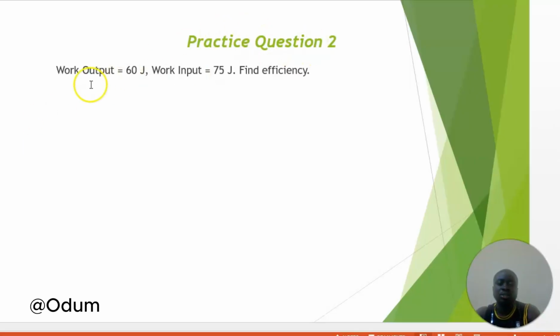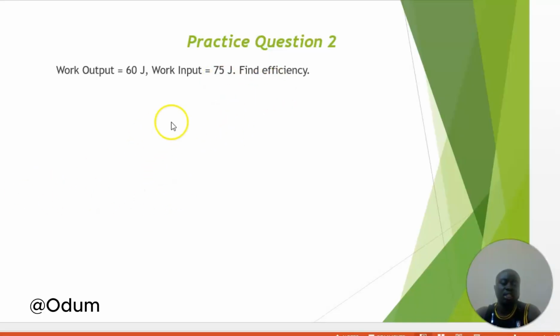Now practice question 2. If you are given the work output 60 joules, work input 75 joules, and you have to find the efficiency, you simply substitute. You know efficiency is work output over work input multiplied by 100%.